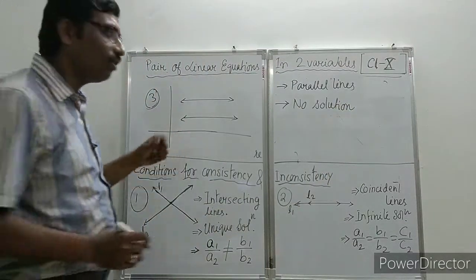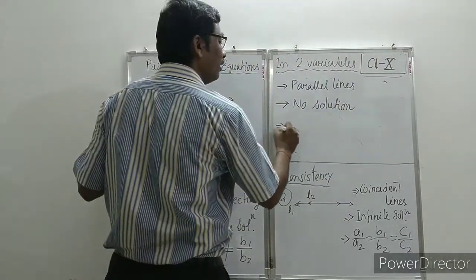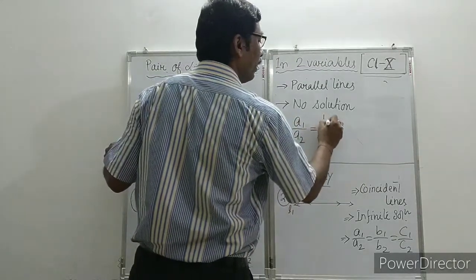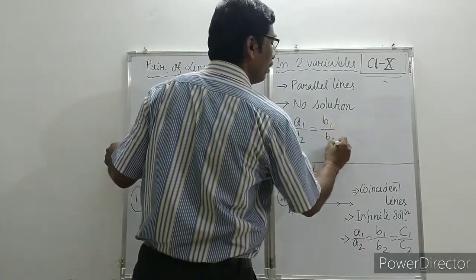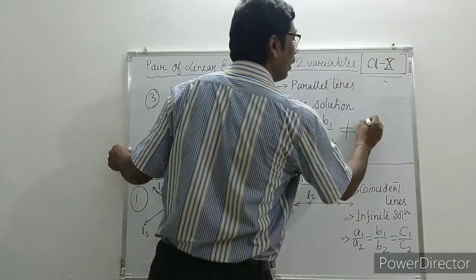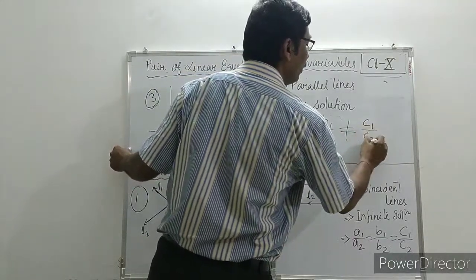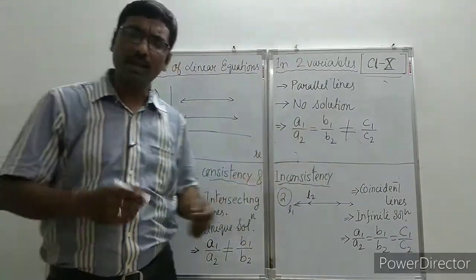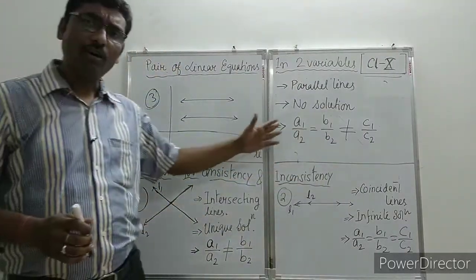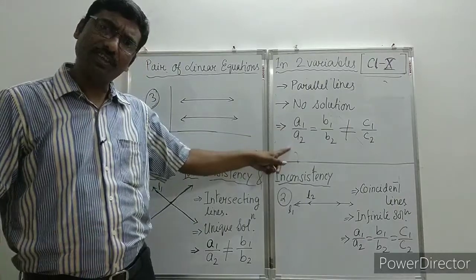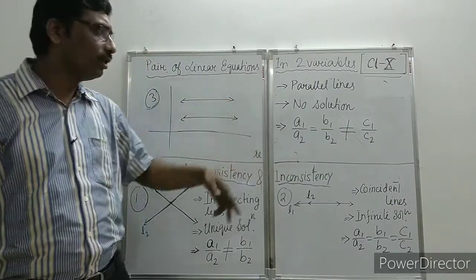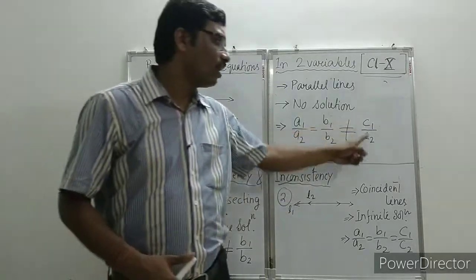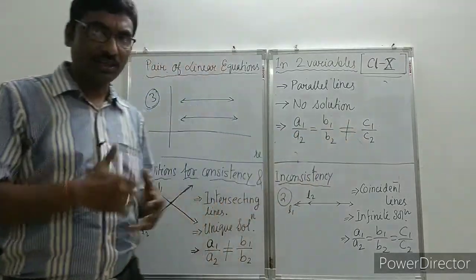And the condition for no solution is A1 by A2 equal to B1 by B2 but not equal to C1 by C2. Now A1, A2, B1, B2, C1, C2, you understood that they are the coefficients. A1, A2 are the coefficients of x from both the equations. B1, B2 are the coefficients of y, and C1 and C2 are the constants.